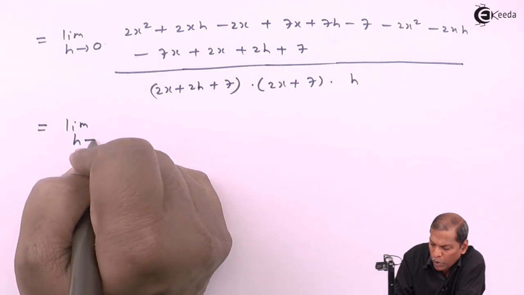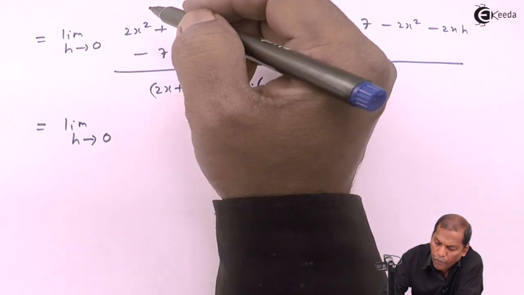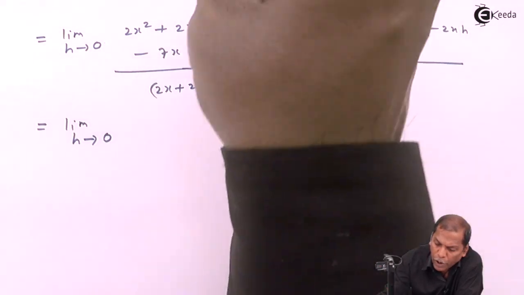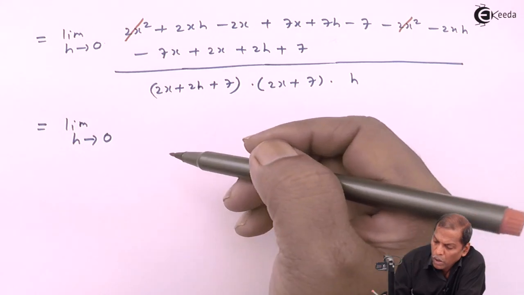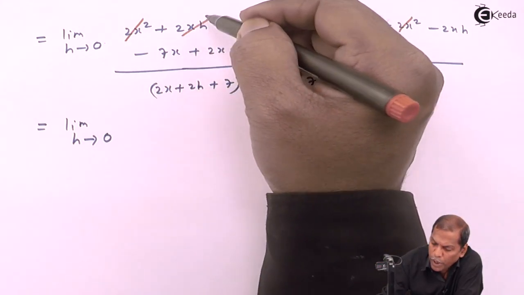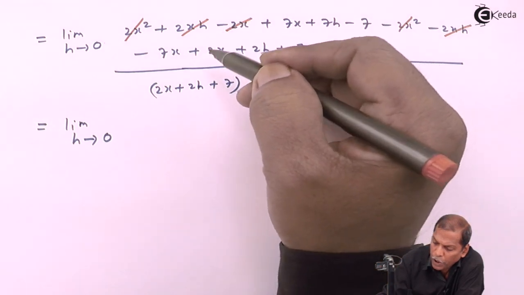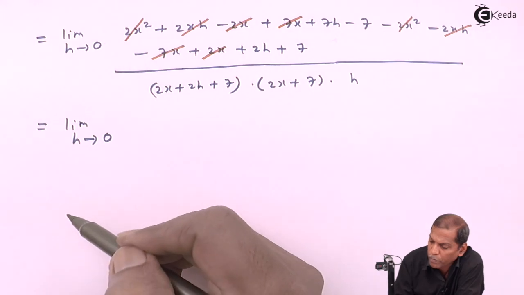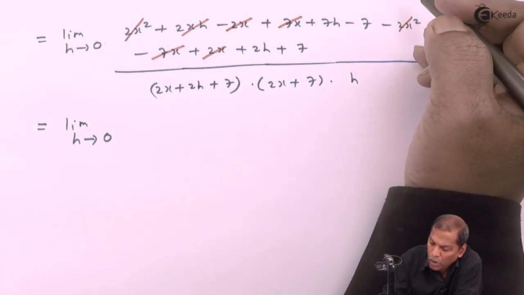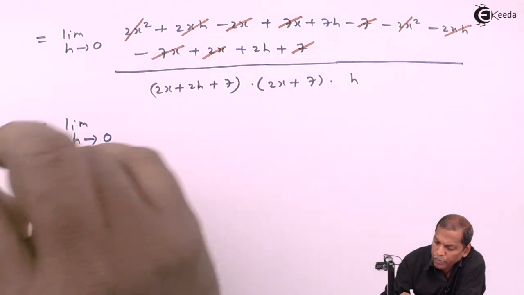that equals the limit h tends to 0. Now here plus 2x² minus 2x², then plus 2xh minus 2xh, minus 2x plus 2x, plus 7 minus 7, minus 7 plus 7.